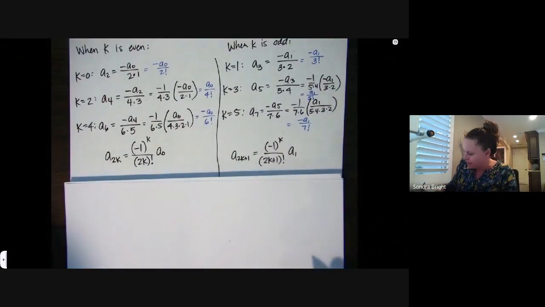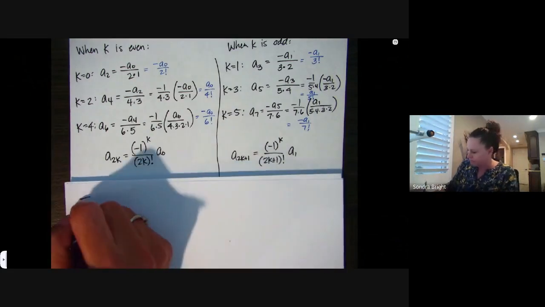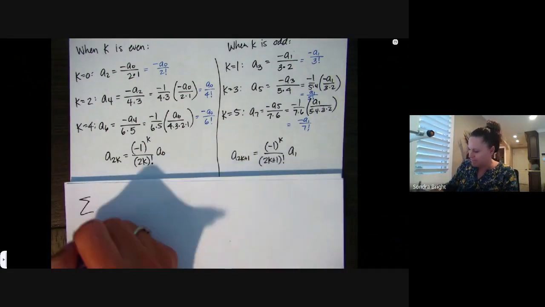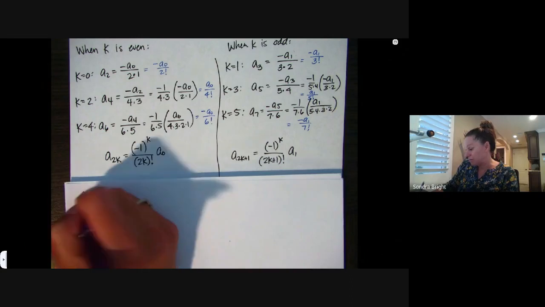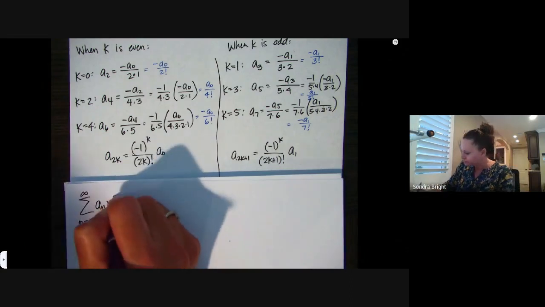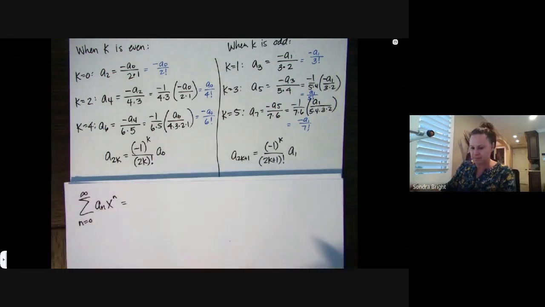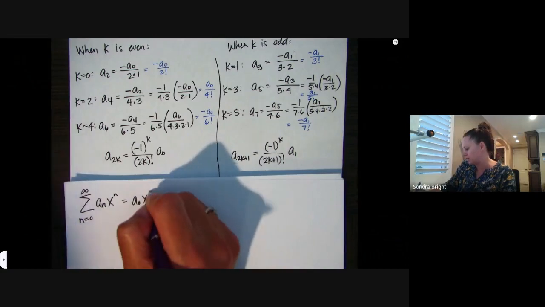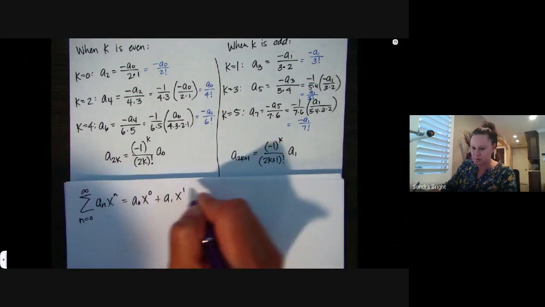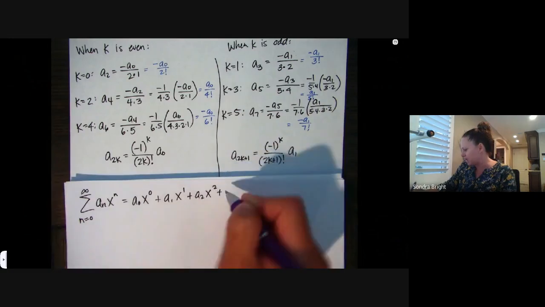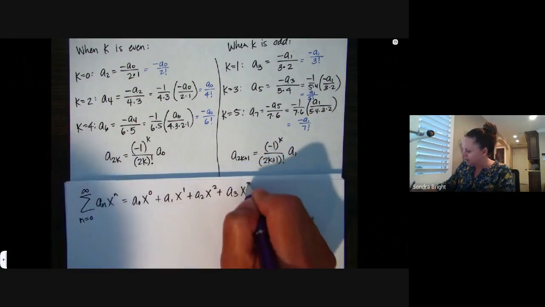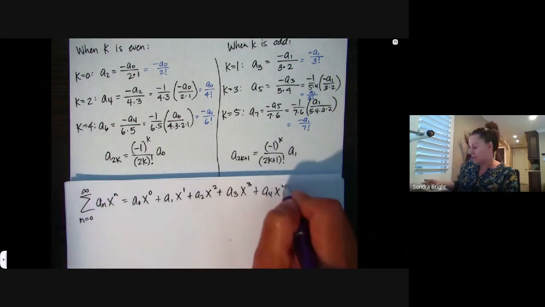So what does that mean? The power series would be a naught x to the 0 plus a1 x to the 1 plus a2 x squared plus a3 x cubed plus a4 x to the 4th plus, hopefully you see that.